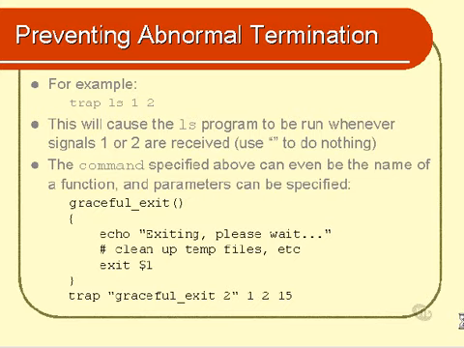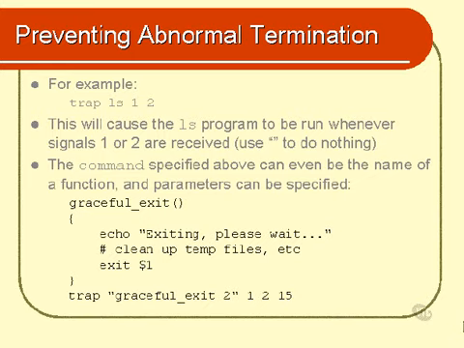So the last line in the example that you can see in front of you says that whenever I receive a signal 1, 2, or 15, I want to call graceful exit with a parameter of 2, and that 2 is going to be used by graceful exit as its exit status. So if you need to provide parameters to your command, you have to put the whole command inside double quotes. So I'll show you an example of all this in action.